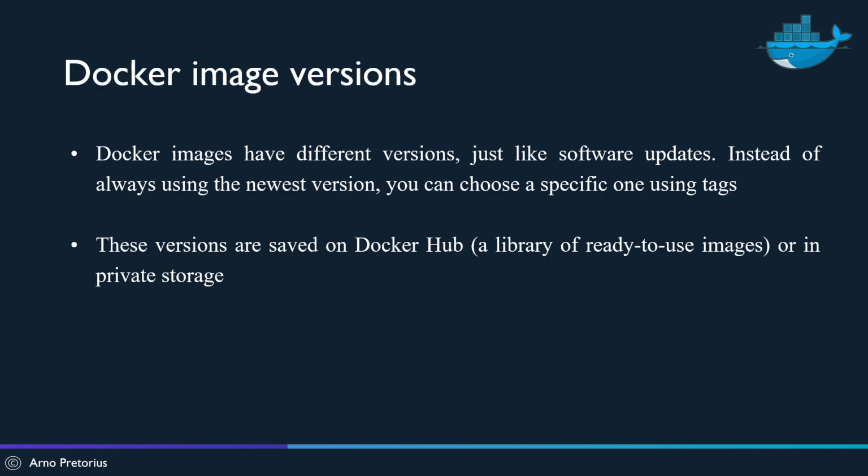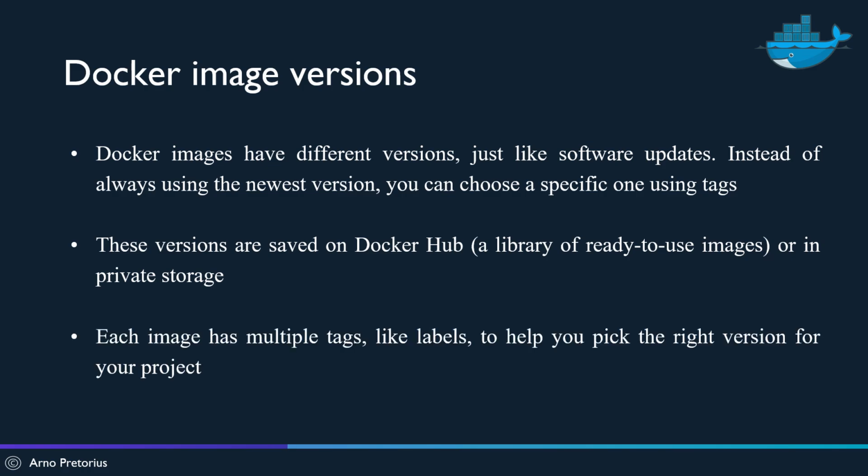Now, these versions are saved on Docker Hub, which is a library of ready-to-use images, or in a private storage. Each image has multiple tags, like labels you could say, and this helps you to pick the right version for your project.